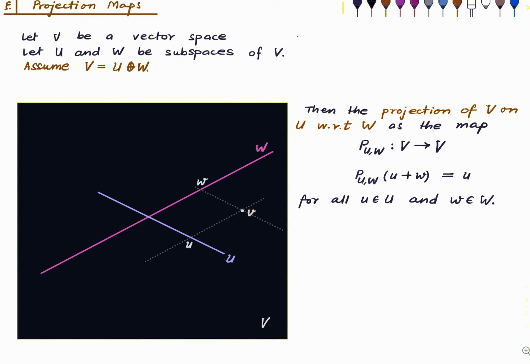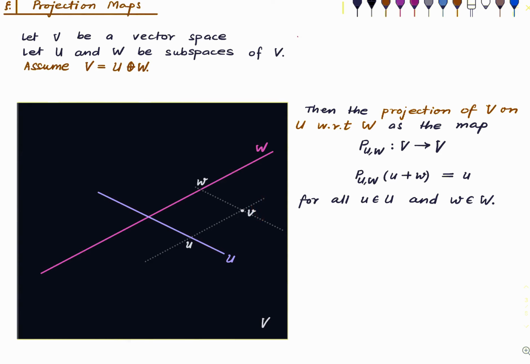So one can also say, and this is just an intuitive statement, that you travel parallel to W and hit the vector space U, and the point at which you hit is the point which you output. So it's not a very serious statement, but at least in this picture, that is exactly what is happening. Okay.